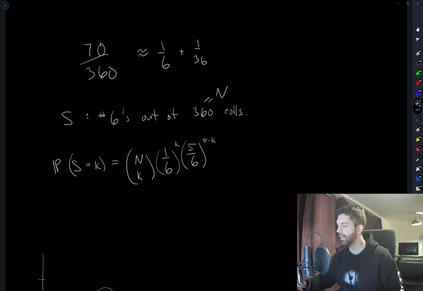What if we instead thought about a coin toss, right? A coin is tossed 360 times. The probability that heads comes up. Now the 70 we should change to something more fair. Let's make it 190 or 200. 200 is a bit extreme. Let's go 190.